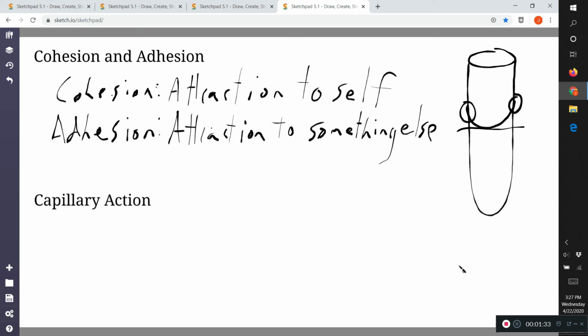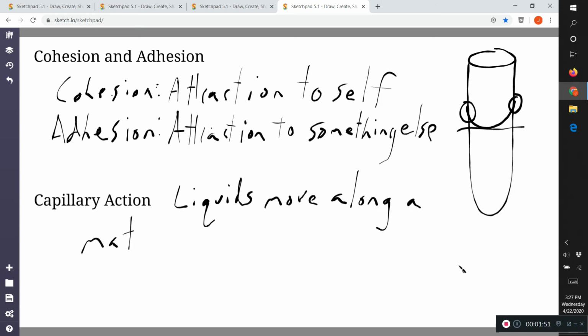Another one is capillary action. So capillary action is where liquids move along a material.